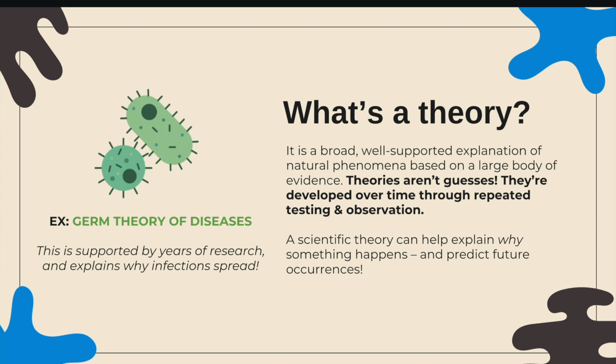But through years of research and observation, scientists discovered that these tiny organisms can be transmitted through contact, air, or surfaces. Because of this theory, we've adopted life changing practices like washing our hands, sterilizing equipment, receiving vaccines, and using antibiotics. So, a theory helps explain why something happens and also helps predict and prevent future problems.